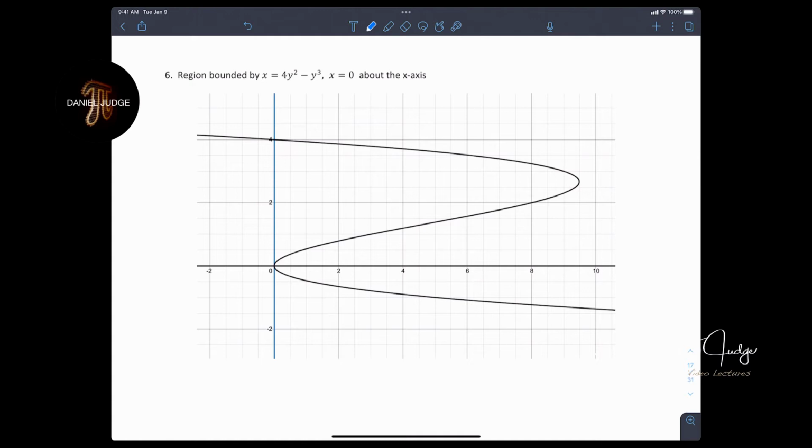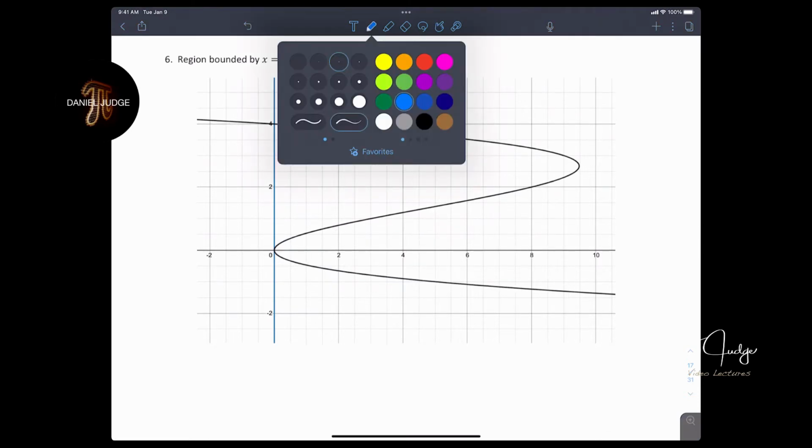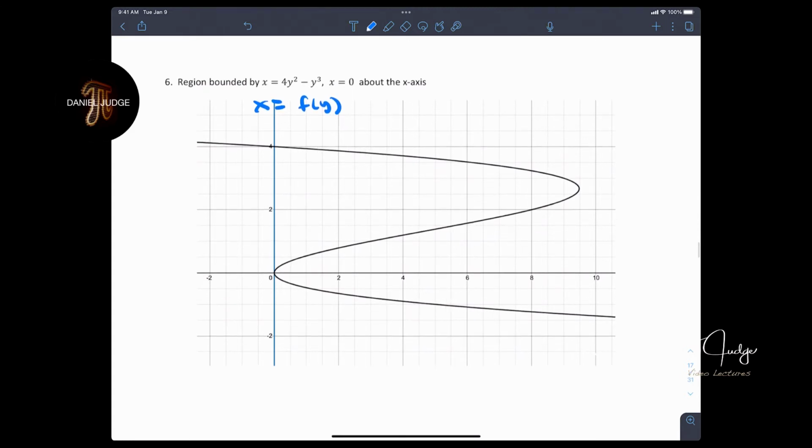So let's do the next one here on this list. Now we have a curve x equals f of y again, and it's about the y-axis. So I think we also have x is 0, right?